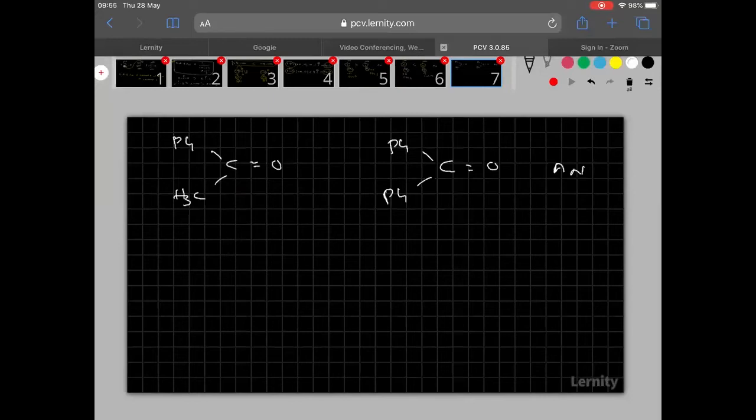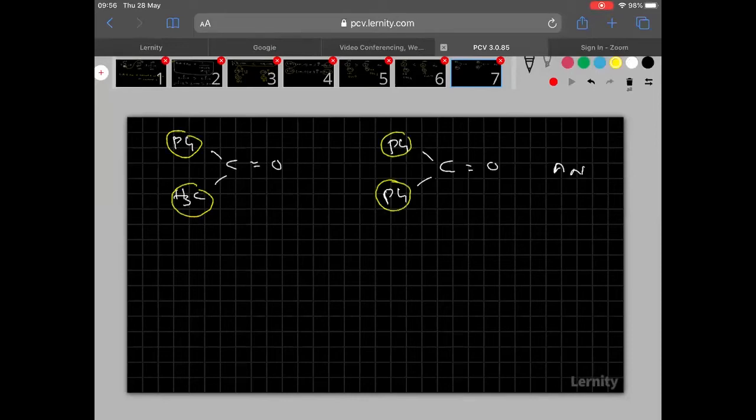Okay. I told you the rate of nucleophilic addition is inversely proportional to what? Crowding. Is it clear, everyone? So here in the first one, one methyl and one phenyl are there. In the second one, two phenyls are there.